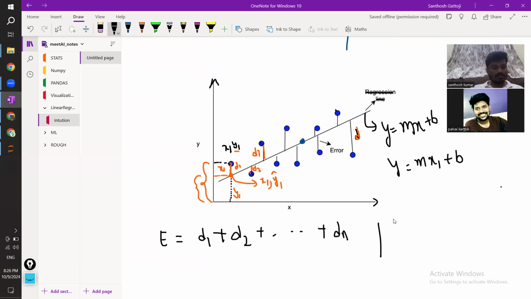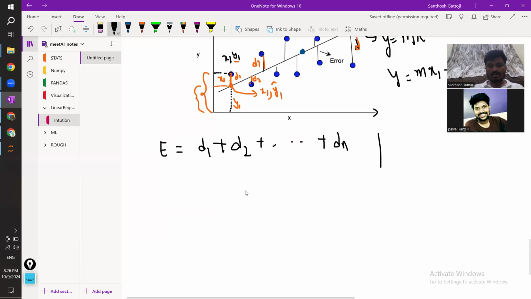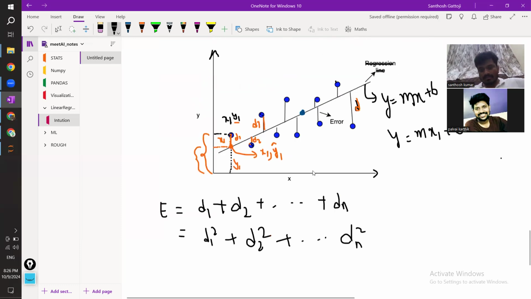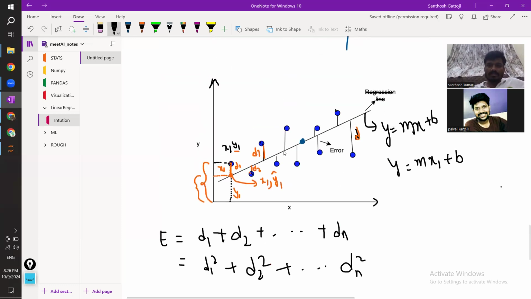Now over here, there is an equation. The one thing you need to understand is that instead of doing d1 plus d2 plus dn, we will actually do d1 square plus d2 square till dn square. Why? It is very simple, because some data points are above the line, some data points are below the line.